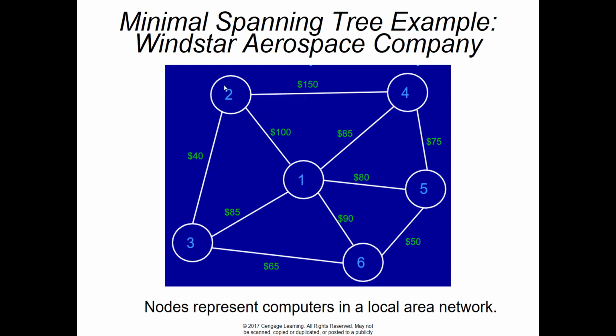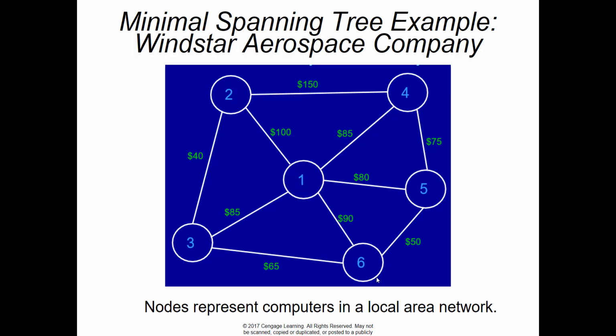Then in the system we have node 2 and node 3, so we consider all of these arcs, for example 2-4, 2-1, 3-1 and 3-5, and select the minimum. You can see that 3-6 is the minimum one.